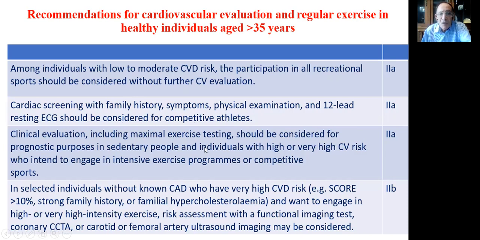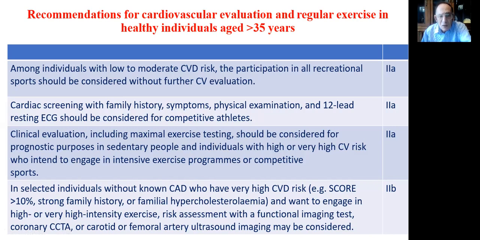Clinical evaluation, including maximal exercise testing, should be considered for prognostic purpose in sedentary people and individuals with high or very high cardiovascular risk who intend to engage in an intensive exercise program. This is class 2A.